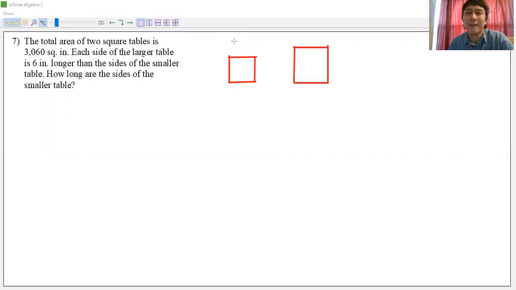There you are. All right, so let the smaller have a dimension of x by x, there, x by x. And then the larger, according to the statement, each side of the larger table is 6 inches longer, okay? So we can denote each side here like x plus 6, and then x plus 6, all right, x plus 6, there, okay? And this is also x plus 6, like that.